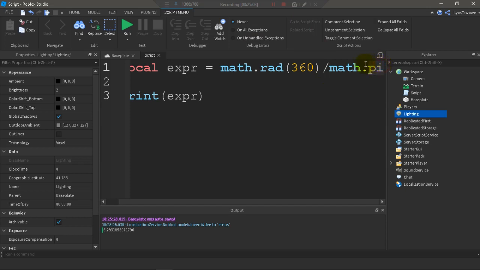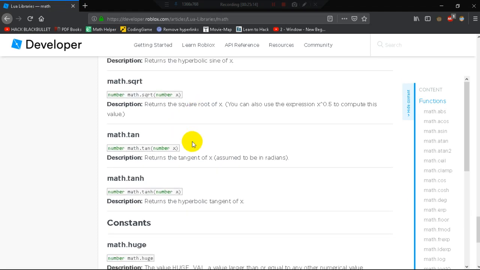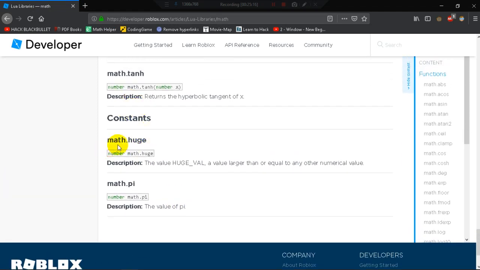It's math.pi. So we have actually two constants, there is math.pi and math.huge. Well, it's listed here. Math.pi is the value of pi, it's obvious, and math.huge is actually almost infinity.